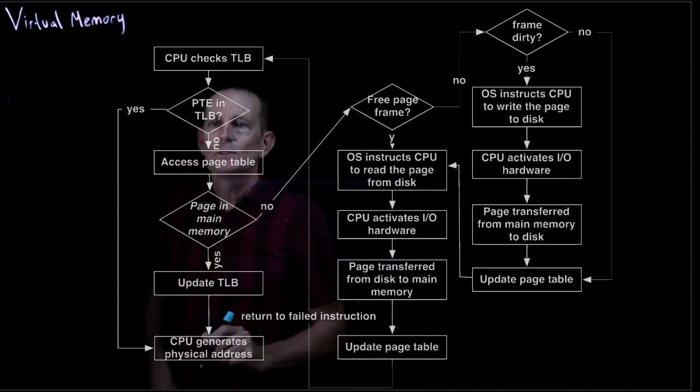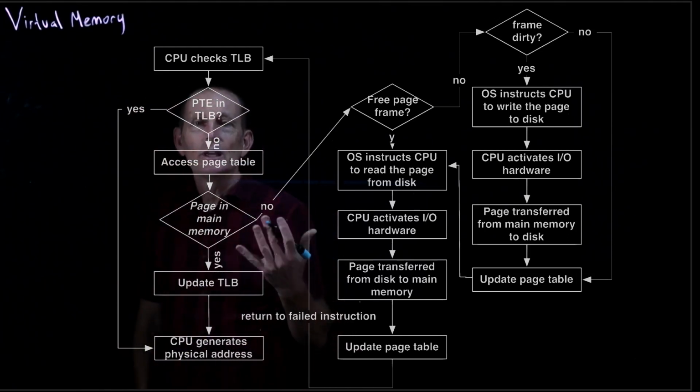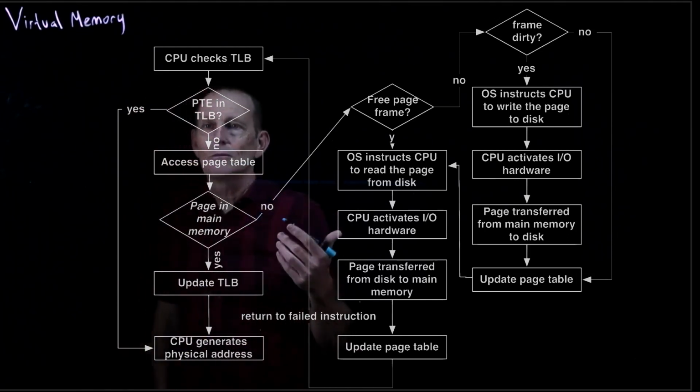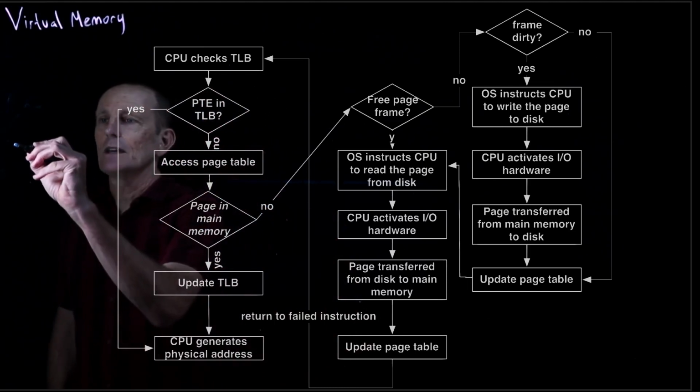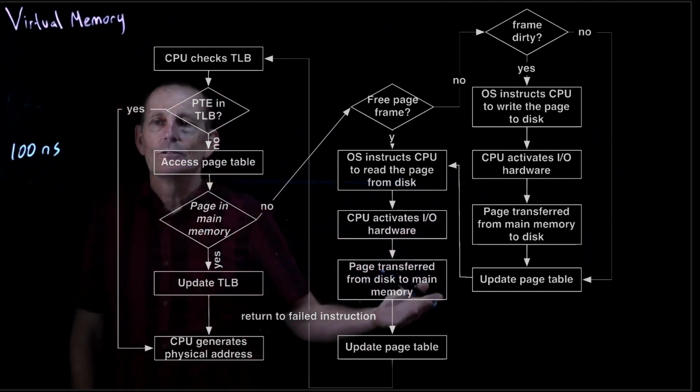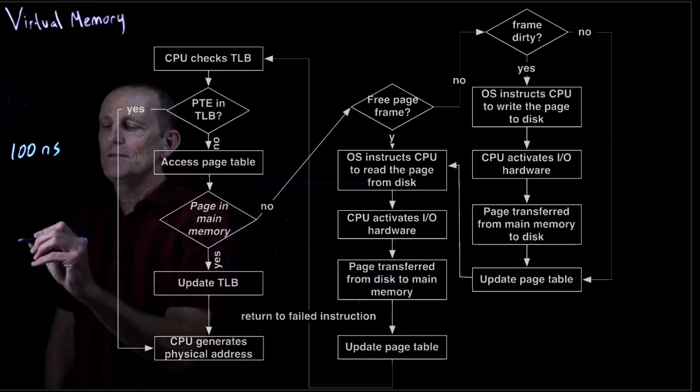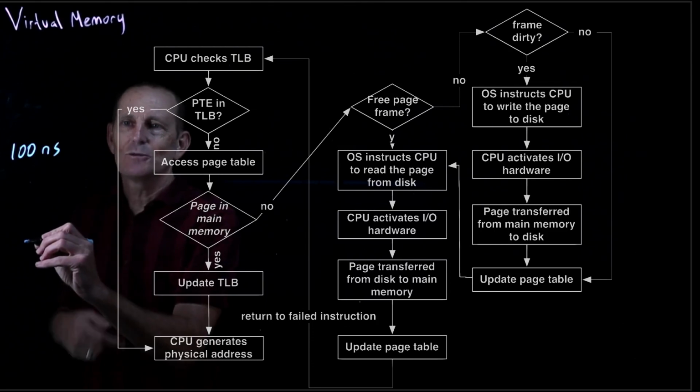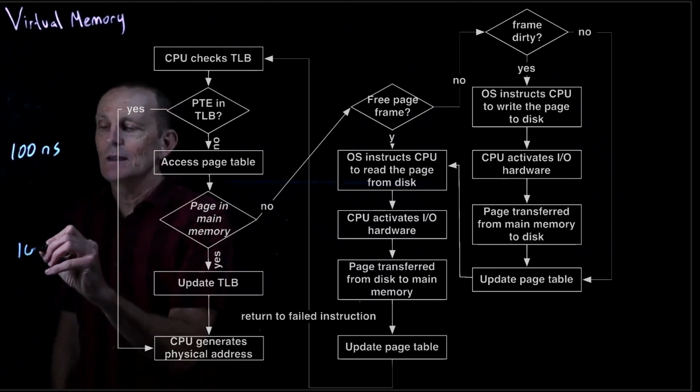So let's look at the timing. The CPU went to read or write memory, which would normally take about 100 nanoseconds. But instead, we have to wait for reading from disk, which, if it's an actual spinning hard disk, might take as many as 10 milliseconds.